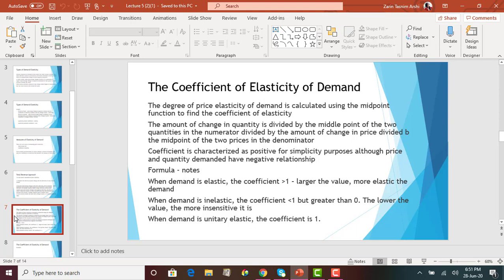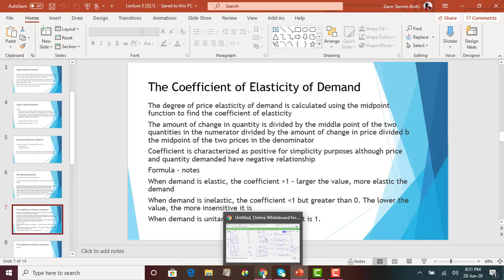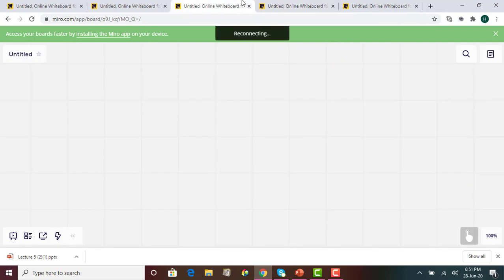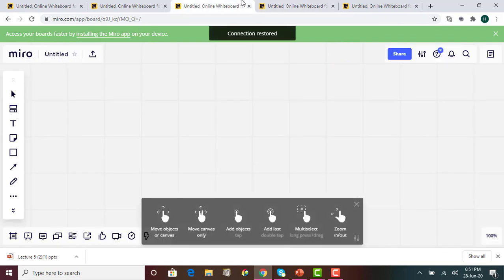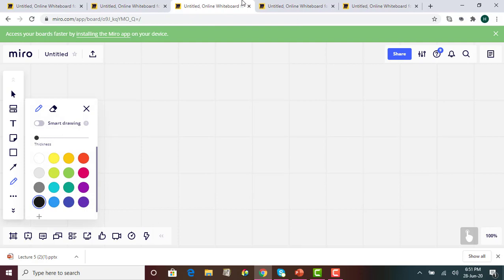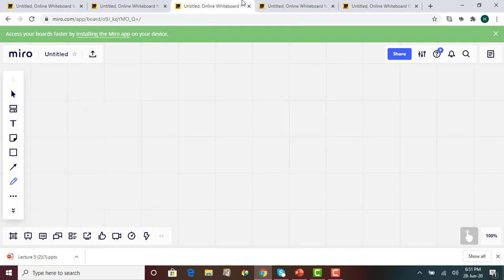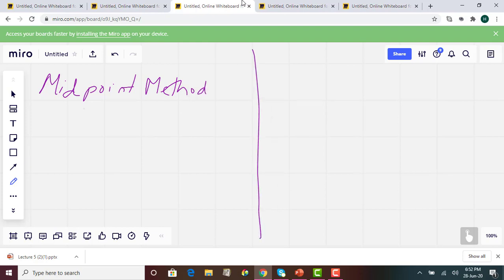Okay, so let me tell you the formula for the coefficient of demand. For both methods, let's say we have two methods: the midpoint method, and then we have the percentage method.